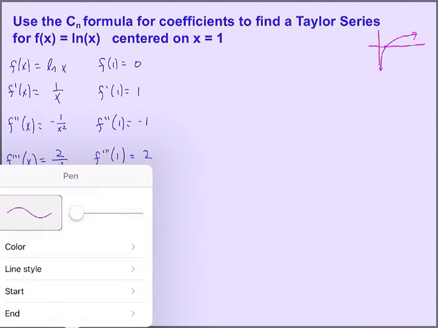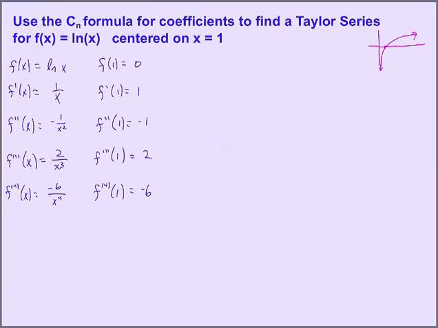When we find our coefficients, our C0, C1, remember C0 is equal to f of a, C1 is equal to f prime of a, C2 is equal to f double prime of a over 2 factorial, C3 is equal to f triple prime of a over 3 factorial.